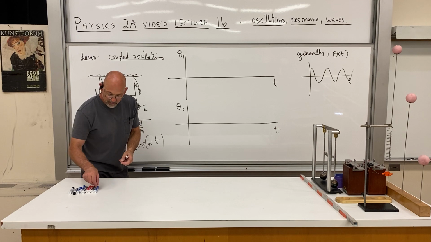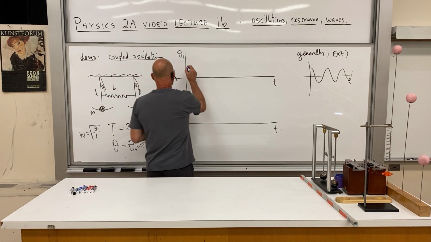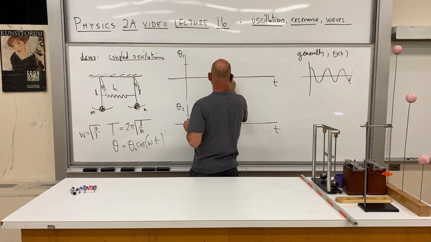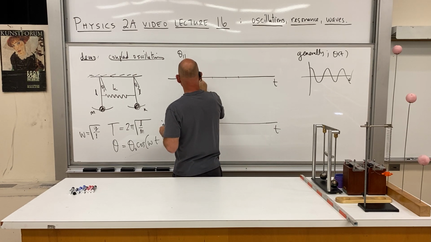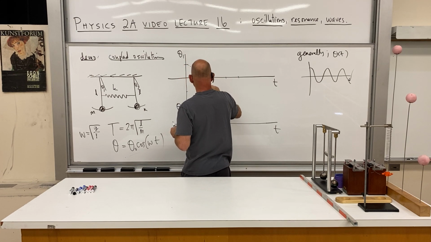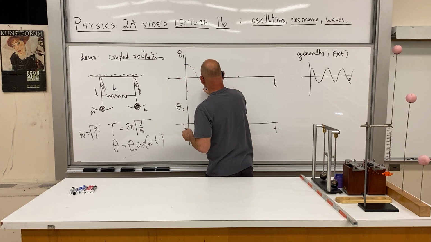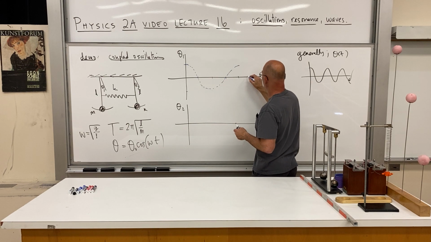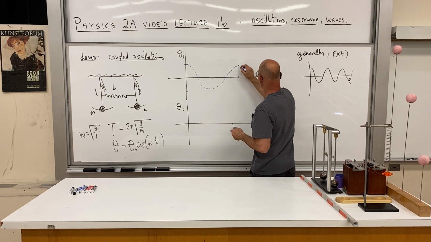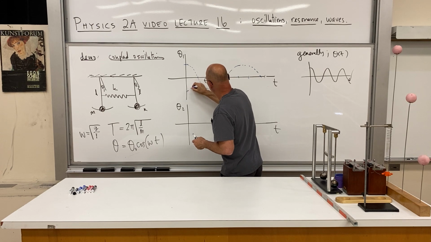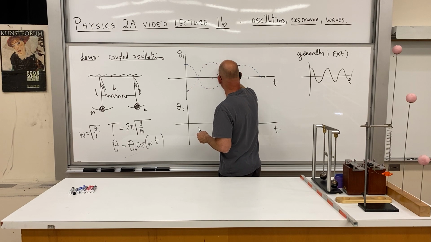What I'm going to do is use a different color and draw out a dotted line here. There's our cosine, and we can continue it like that. First I'll draw, then I'll explain.